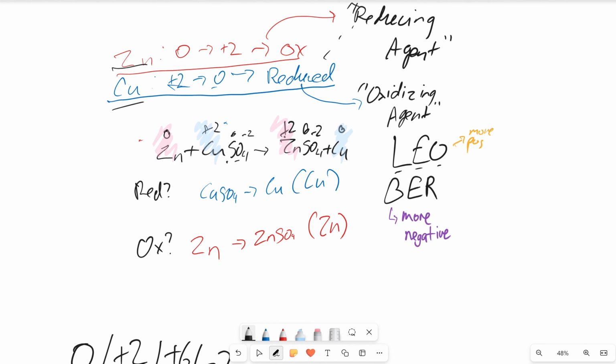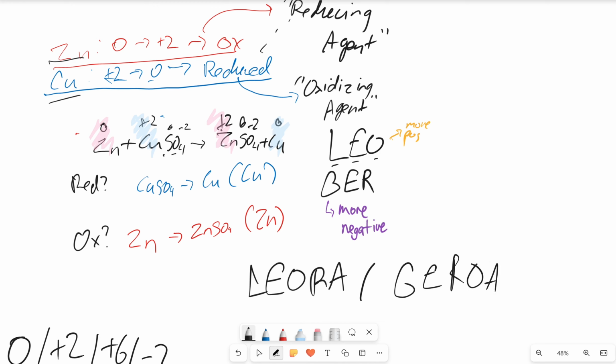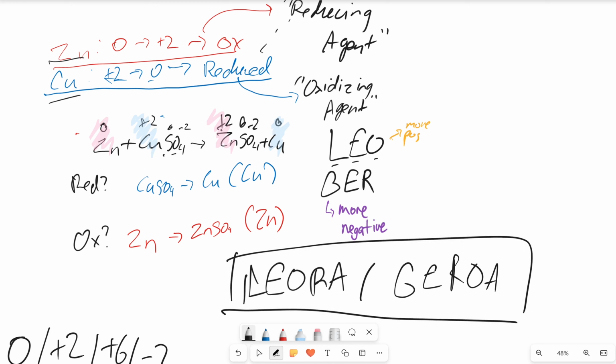So I guess if you wanted to, you could amend our mnemonic to be LEORA says GEROA. But I just think that's kind of dumb. If you look at it, you can kind of figure it out, right? But if you really need a mnemonic, boom, right here is your ultimate mnemonic.